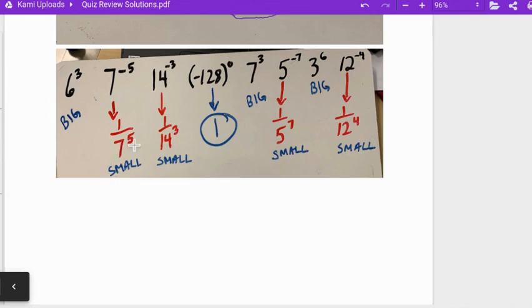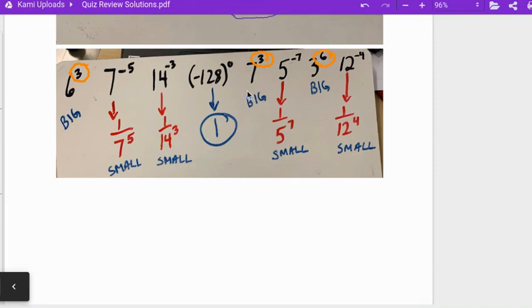In the last question, we're asked to put all these powers in order from least to greatest. So the first thing I did when I looked at this was I just looked at the ones that had positive exponents, like this one, and this one, this one.